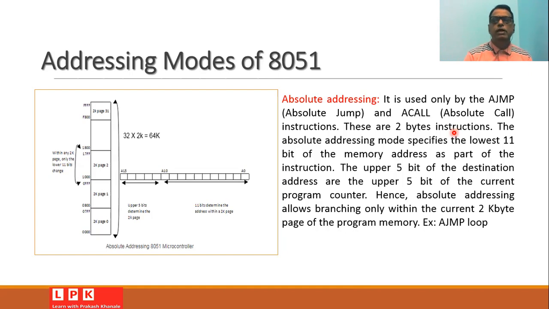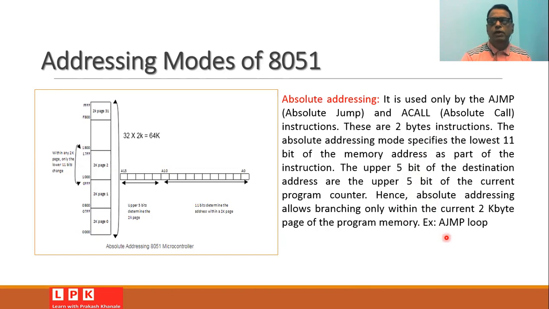The difference between relative addressing and absolute addressing is that in absolute addressing, only the lowest 11 bits of the memory address are part of the instruction, while the upper 5 bits of the destination address are the upper 5 bits of the current program counter. Therefore, one can easily calculate that absolute addressing will allow branching only within the range of the current 2 kilobyte page of the program memory.